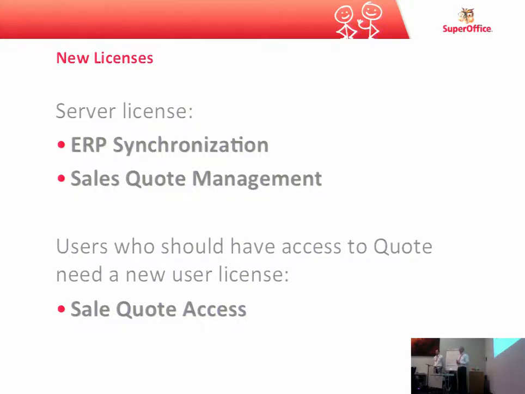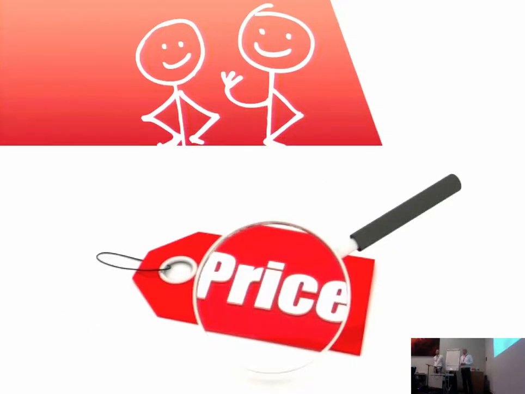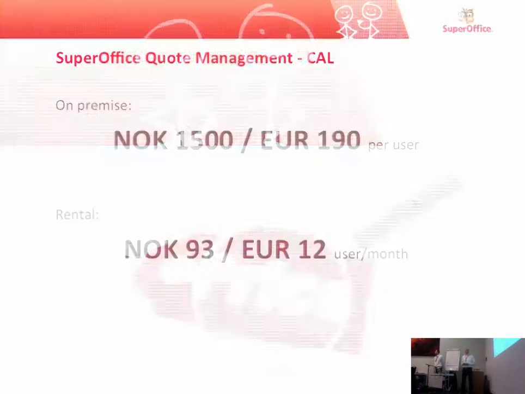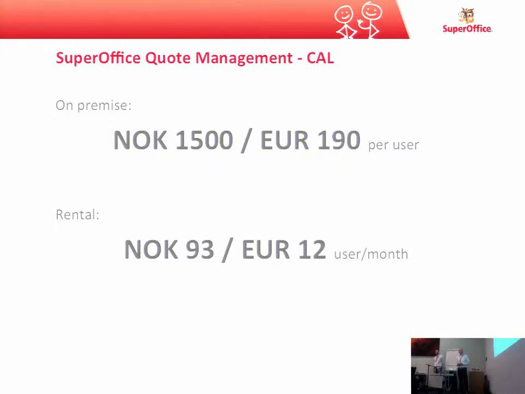So if you are going to integrate with, for example, Axapta, you also need to buy the quote connector from a partner, for example Advisa, to connect to the system. But you also need this license from SuperOffice. The licensing from the partners will be shown, I guess, in the sessions on the third day.